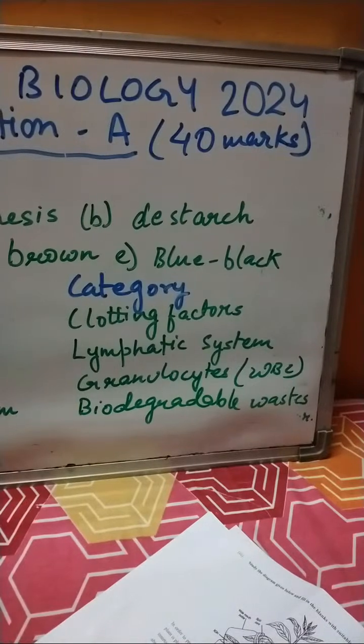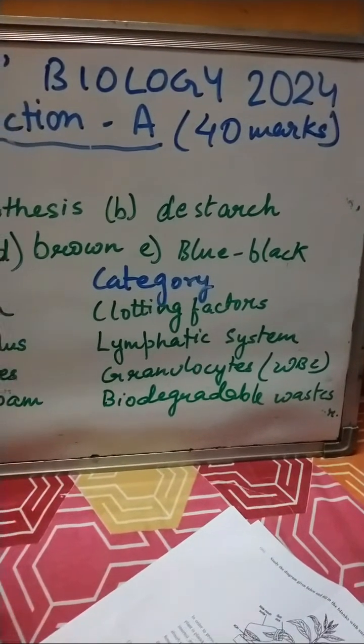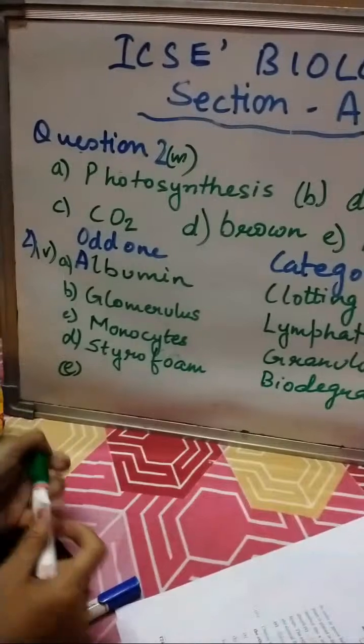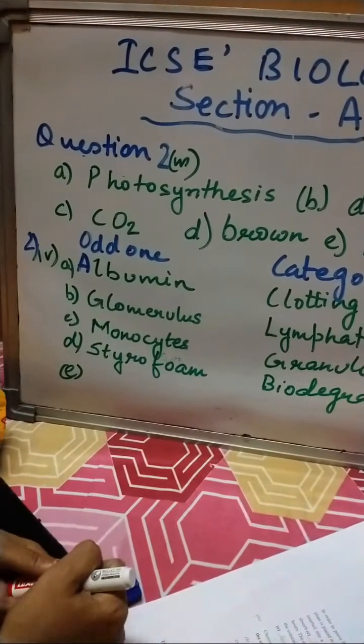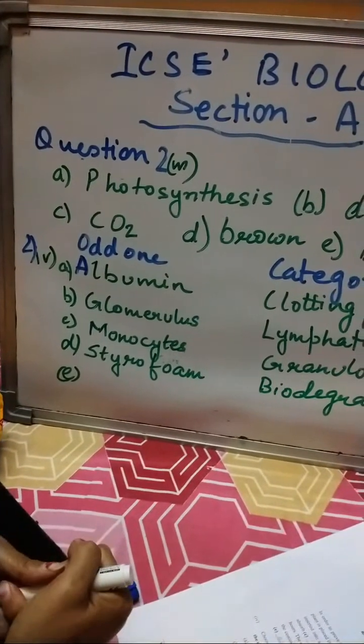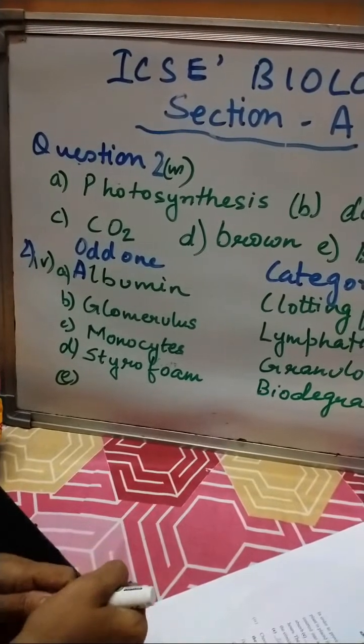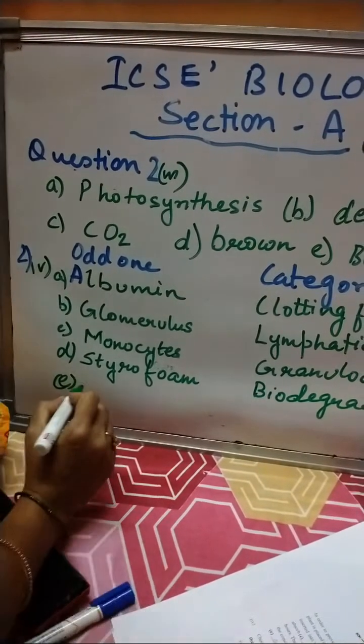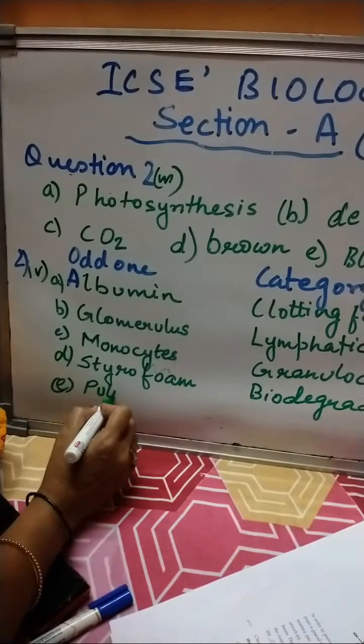The last one: pulmonary artery, renal artery, coronary artery, hepatic artery. As we all know, all of these arteries carry oxygenated blood except the pulmonary artery. So the answer would be pulmonary artery, odd one.